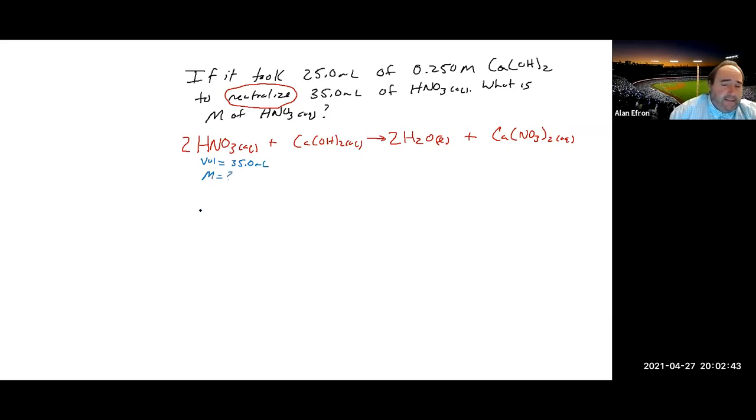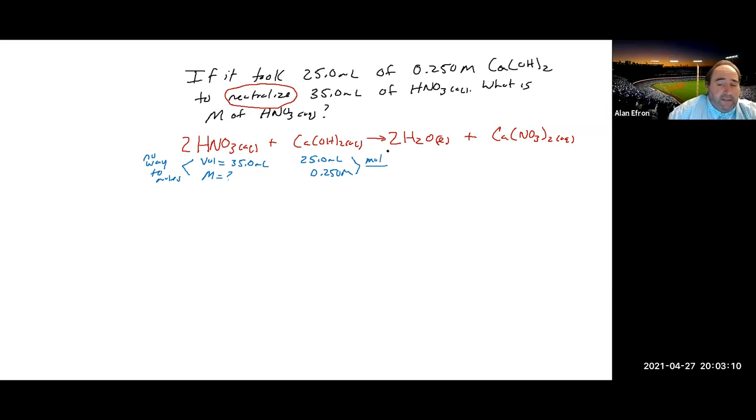For calcium hydroxide, we have the volume, which is 25 milliliters, and we have the molarity. In comparison, for nitric acid there is no possible way for you to get to moles. Here you have volume and molarity, which will give you moles.